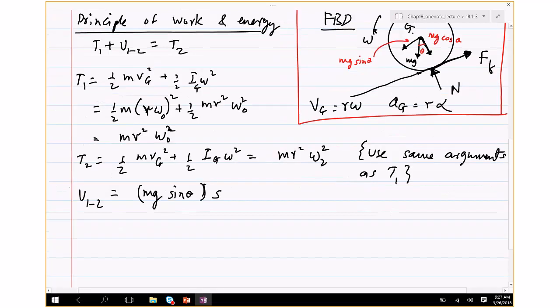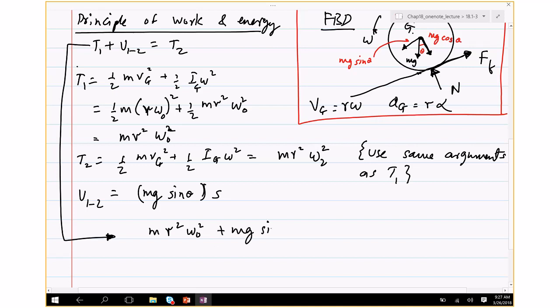So given that, we can now shove this into the principle of work and energy equation to get half m r square omega 0 square plus mg sine theta times s equals m r square omega 2 square.